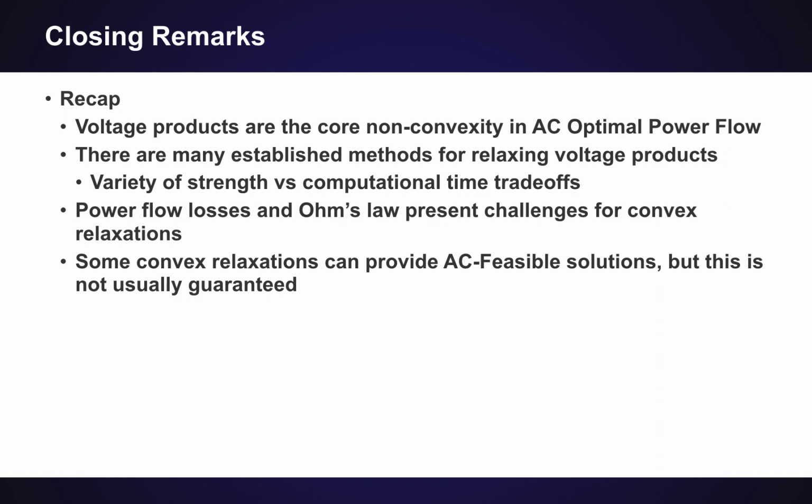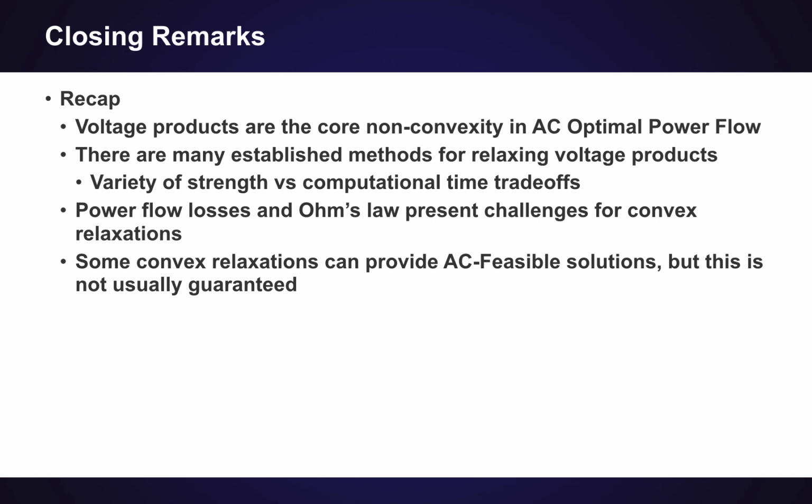Okay, to come to some closing remarks for this part, what we have shown here and tried to give you the intuition for is that the voltage products are the core non-convexity in the AC optimal power flow problem. There are many established methods for relaxing those voltage products, and these different methods give rise to a range of different relaxations of the AC optimal power flow problem.